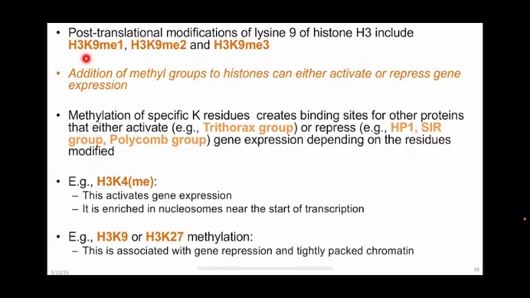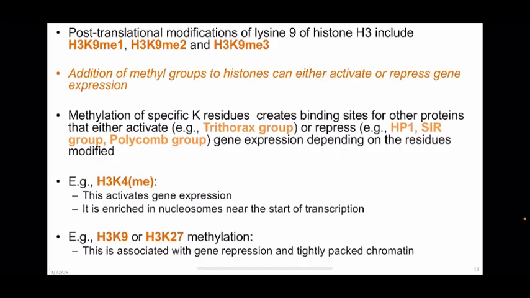H3 is histone 3, K9 is lysine 9, that's the 9th residue, and Me means that it's monomethylated. So Me2 is dimethylated, and Me3 is trimethylated. Okay, so mostly methylations on lysine 9, as I said, deal with repression or gene inactivation, right? But if you are methylating K4, that deals with activating the genes, or K14. I think you come across that one as well.